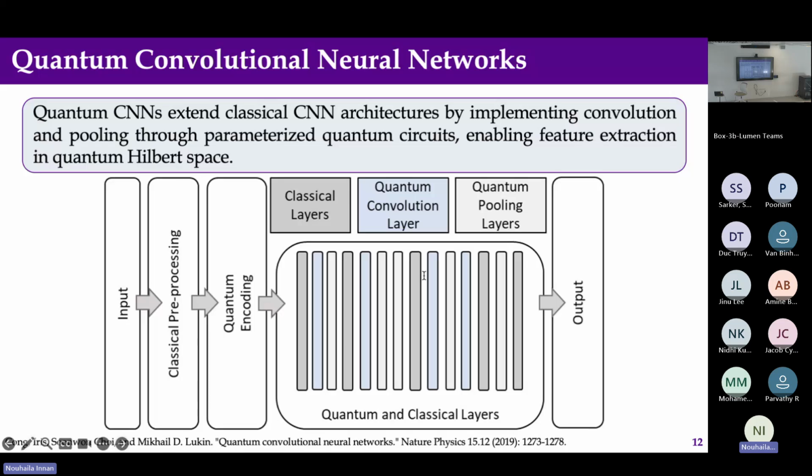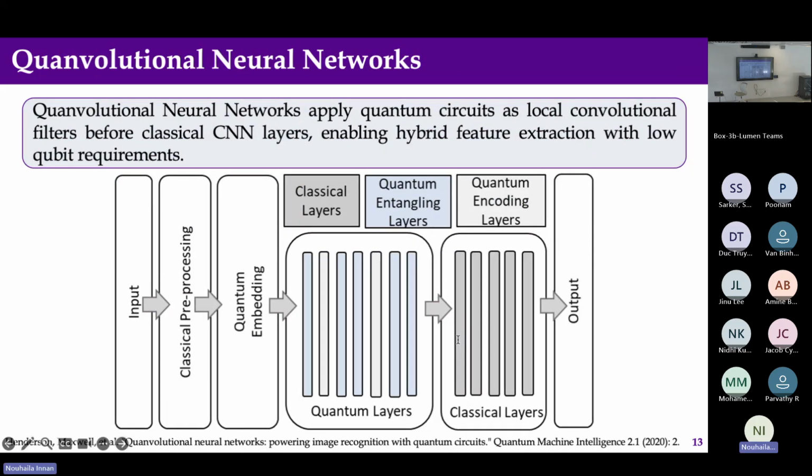From the implementation side, sometimes it's easier: you have your data, you do your pre-processing, you do your encoding, then you add some classical layers, then the convolutional, then again just a representation of those layers that do the task of the classical.